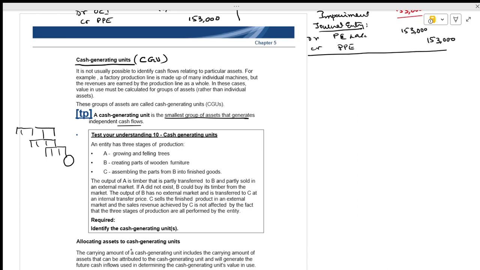The test says that an entity has 3 stages of production: growing and felling trees, creating parts of wooden furniture, assembling the parts from B into finished products. What they want to say is, what is the smallest unit?